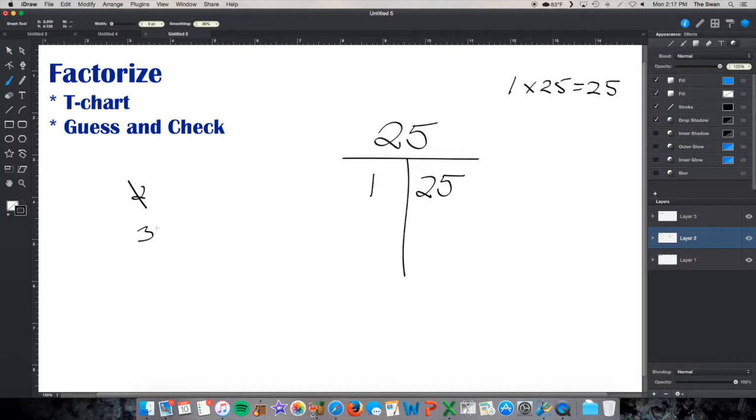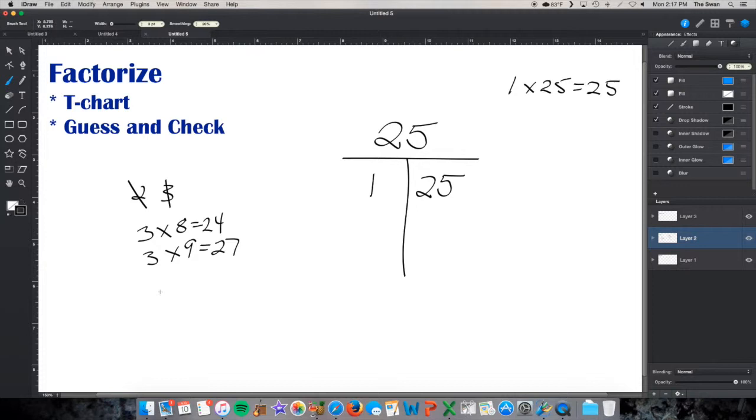Let's see. I know 3 times 8 is 24. And the next, 3 times 9, is 27. Well, neither of those is 25, so 3 is not a factor of 25.